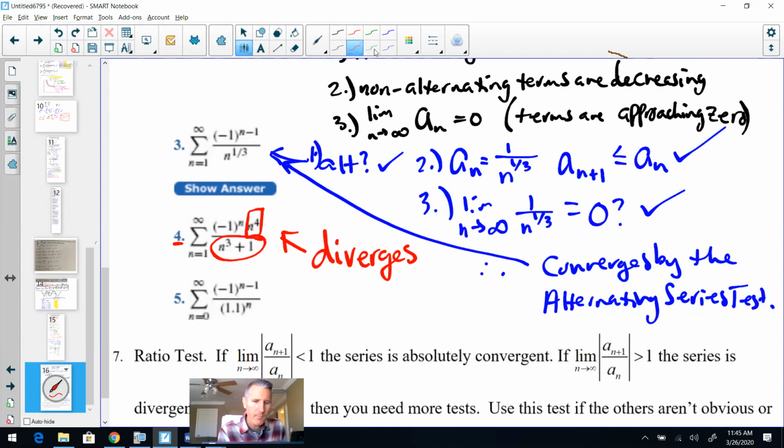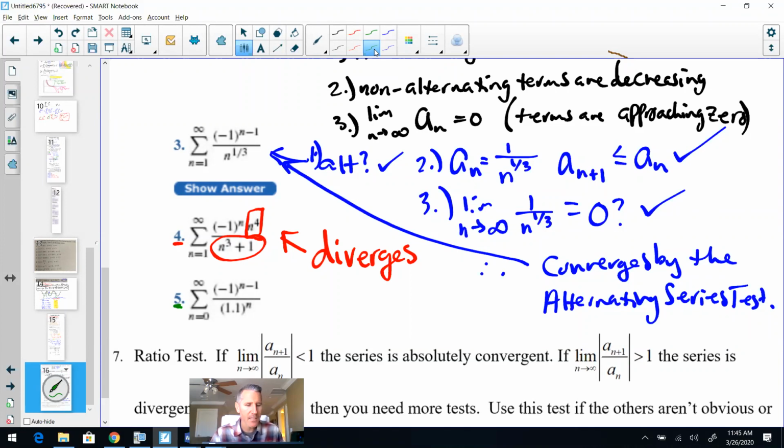Okay? And then for number 5, does it alternate? Yes, it does. Are the non-alternating terms getting smaller? Yes, they are, right? We have 1 over 1.1 to the n. So as n increases in value, that denominator is getting larger, which means that the whole thing is getting smaller, right? 1 over something that is increasing in value is decreasing in value.